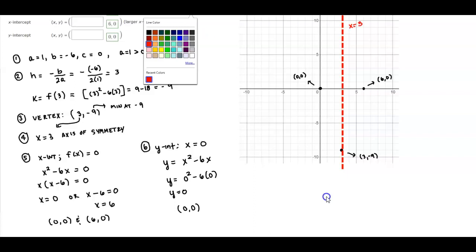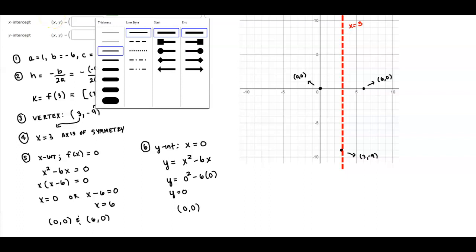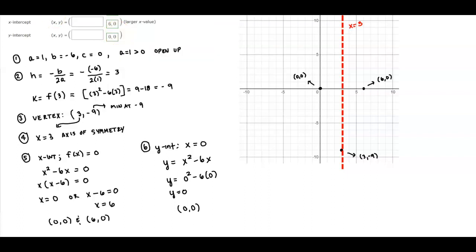And so now we can go ahead and draw our parabola. So here we have our parabola going in that direction, and then we have our parabola going in this direction here. And so therefore, there's our parabola.